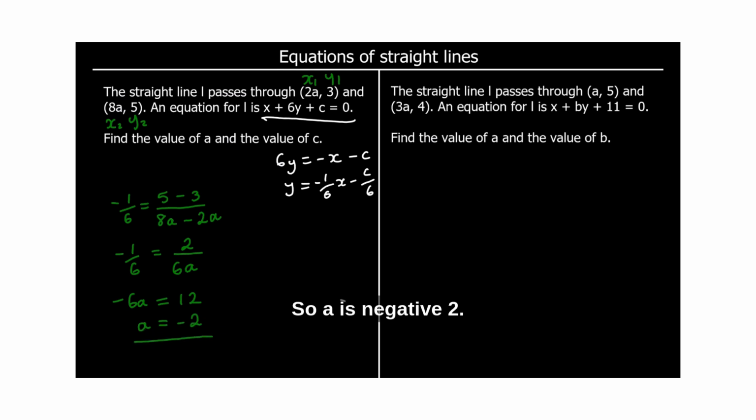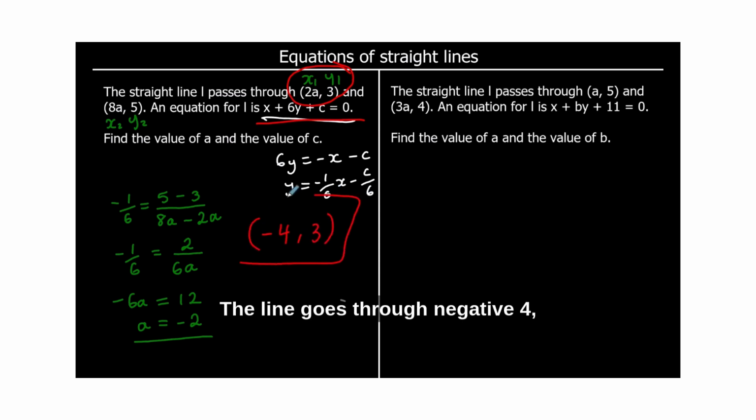So a is -2. How can we find out what c is? Well, if a is -2, we know these coordinates now. So 2 times -2 is -4. So -4, 3. The line goes through negative 4, 3.